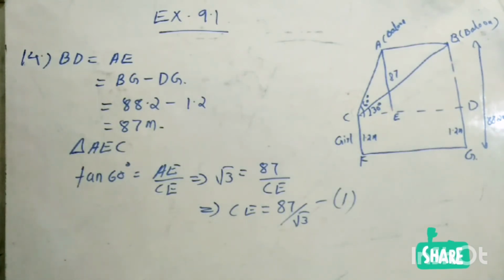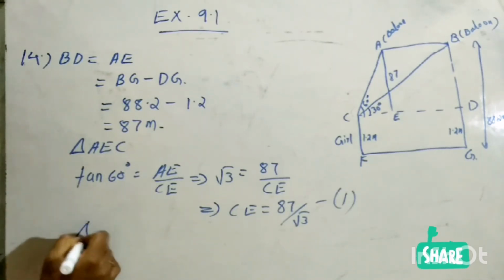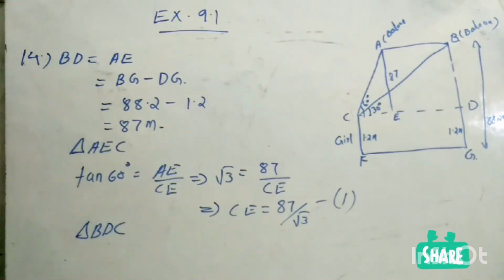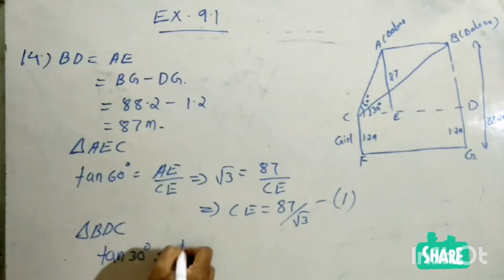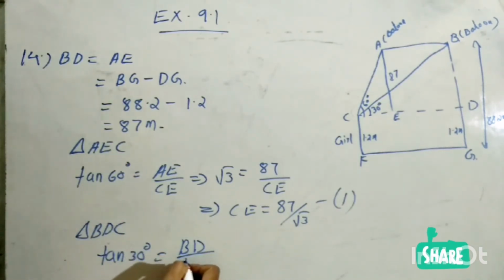Now we will consider the next triangle, triangle BDC. In triangle BDC, we will consider tan 30 degree. So tan 30 degree is equal to BD by CD, opposite side divided by adjacent side.